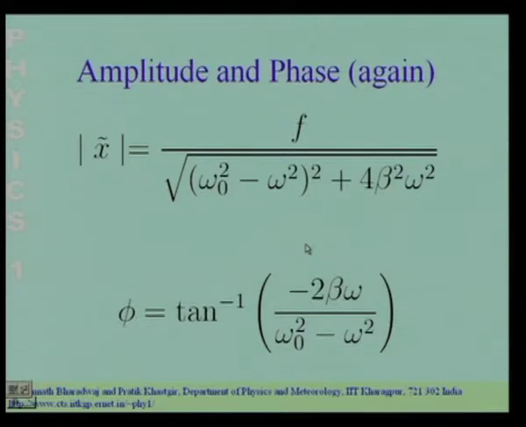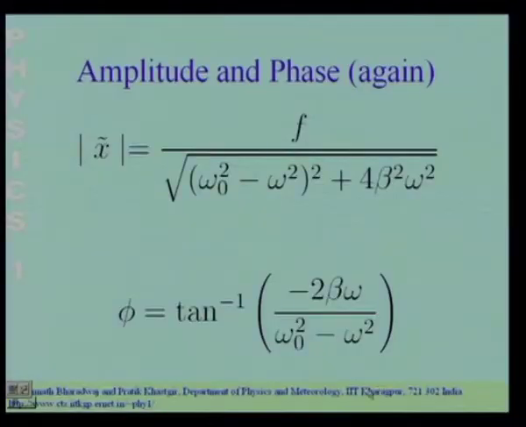So, they tend to oscillate at nearly the same phase, and this I had told you in the last class can be interpreted in terms of the situation that occurs when omega becomes exactly 0. When omega is exactly 0, we have a constant force. If I have a constant force, it causes the spring to extend, and the extension of the spring is exactly in the same direction as the constant force.